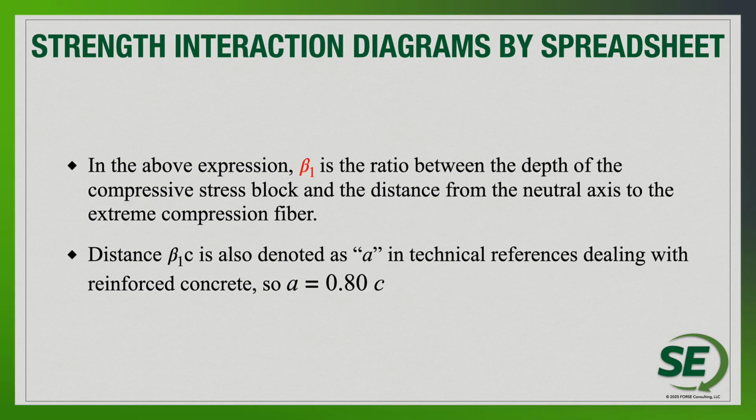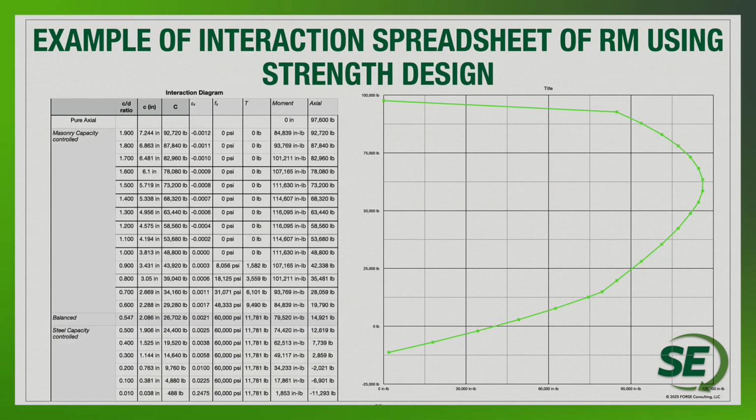So with all of that built in, we can then determine, using a simple spreadsheet, the position of the balance point. We can look and see what the actual compression capacity, C, would be. We can calculate that for all the different positions of C up and down the diagram.